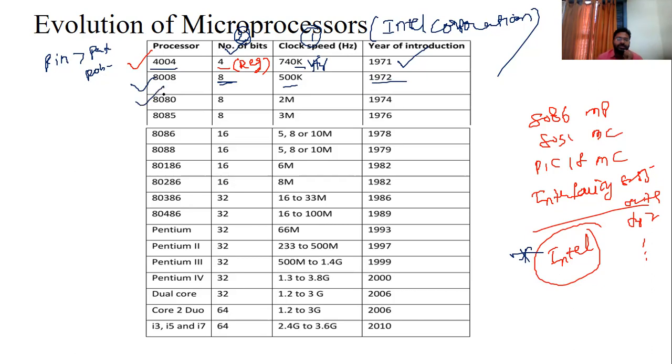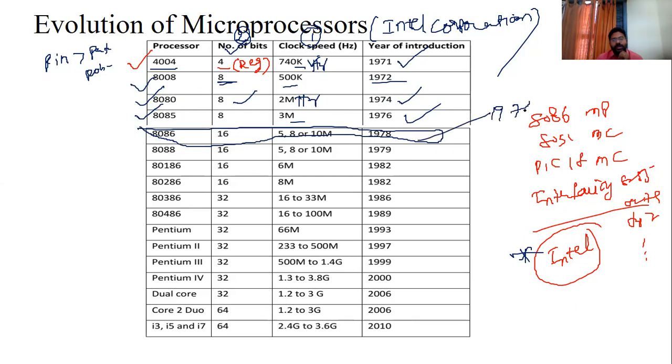Next one is the 8080, an 8-bit microprocessor with a 2 megahertz clock, in the year 1974. Next one is the 8085 microprocessor. Then the 8086 microprocessor, which is the one we are studying, invented in the year 1978. So this is some of the evolution of the microprocessor.